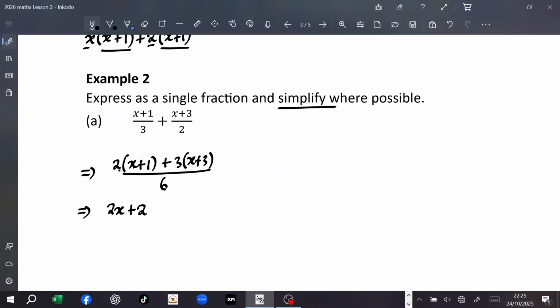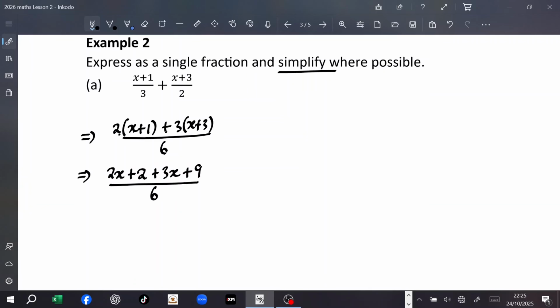Then this side, positive 3 times x will be positive 3x. Then positive 3 times positive 3, positive 9. Then we'll say over 6.